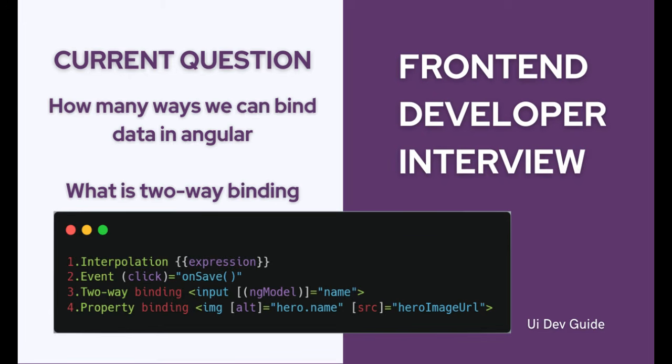So, what is two-way binding? Two-way binding is like if you are writing some data into an input tag, like writing my name, and as soon as you hit S, it tells the TypeScript that S has been typed.